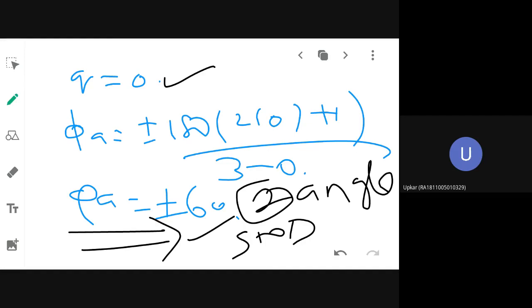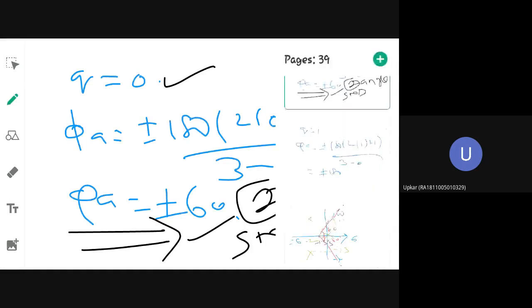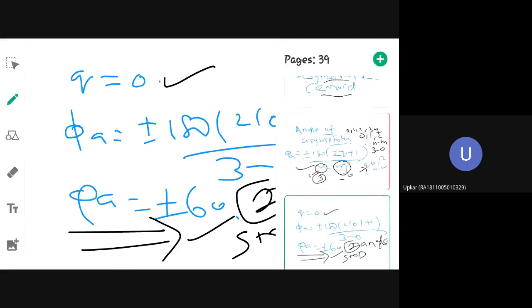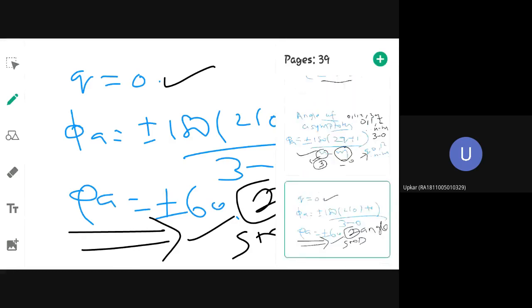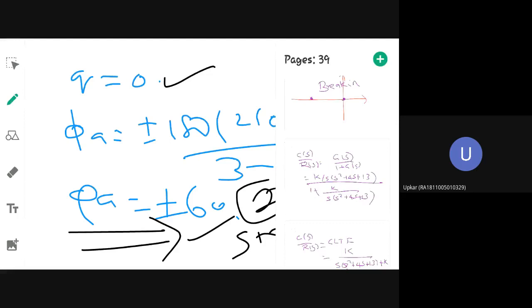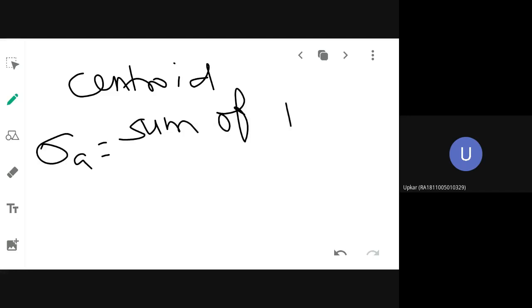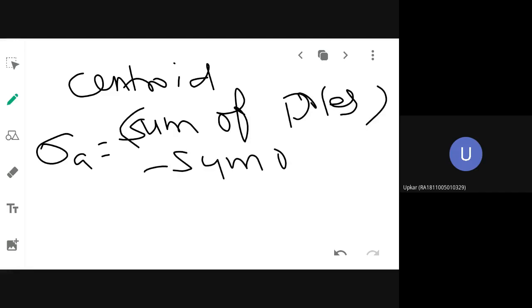Okay. Next thing is you need to find out the centroid. The centroid is given by this formula: sum of poles minus sum of zeros, divided by n minus m.